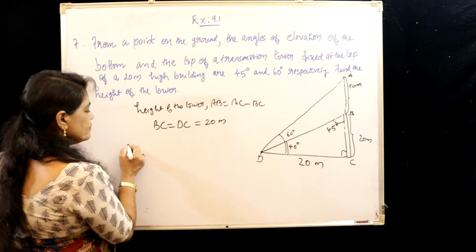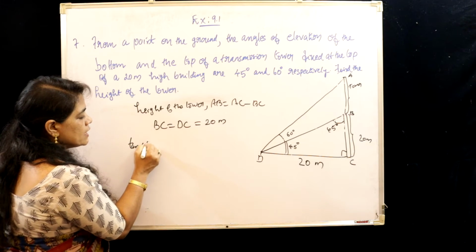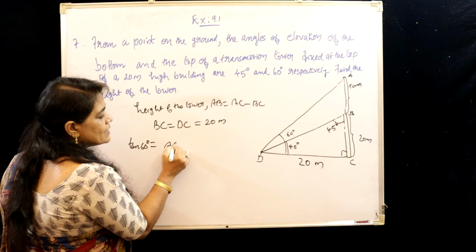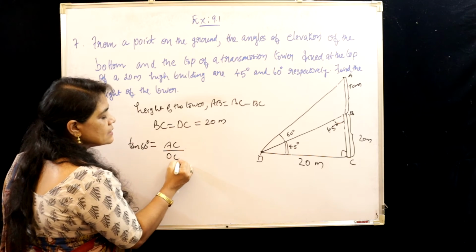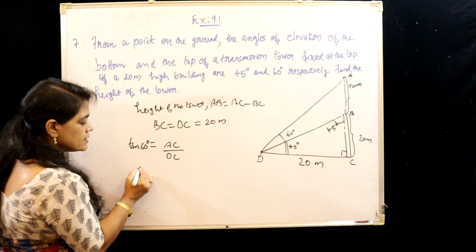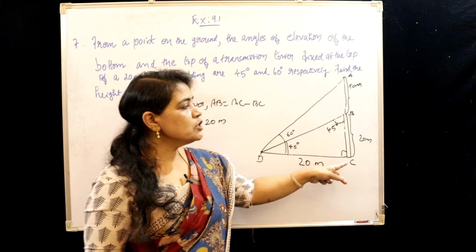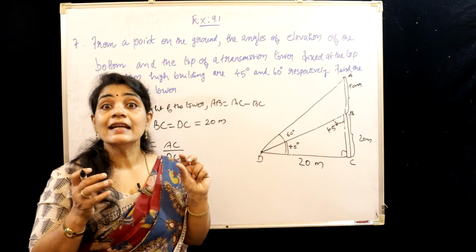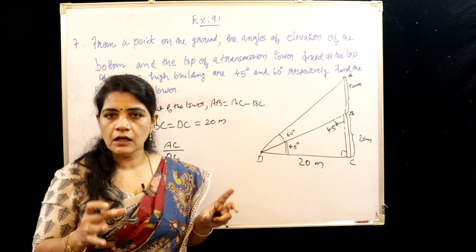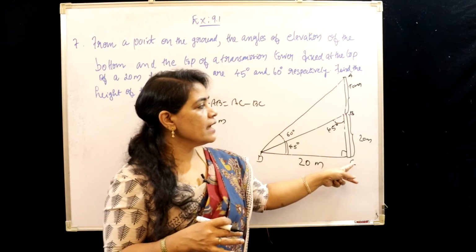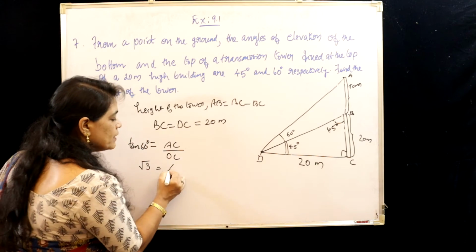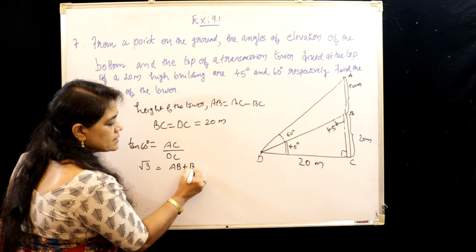So tan 60° equals opposite AC by DC, and the value of tan 60 is root 3. Here AC should be split because we need AB alone, that is the height of the tower, and from the figure this AC is equal to AB plus BC, right?